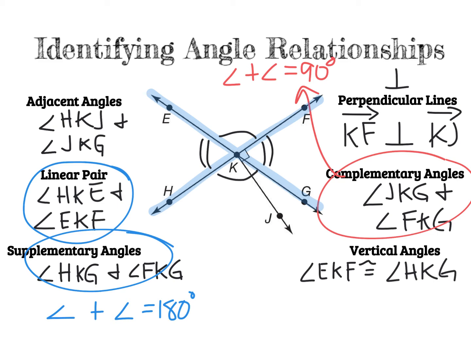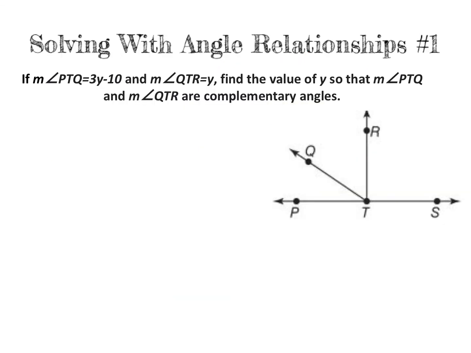Once you identify the angle relationships, the next thing is to actually solve the problem. Identify the angle relationship and then solve. Let's go ahead and do some examples. Here we have two angles. As you read this problem, we're trying to find the value of y so that these two angles are complementary.